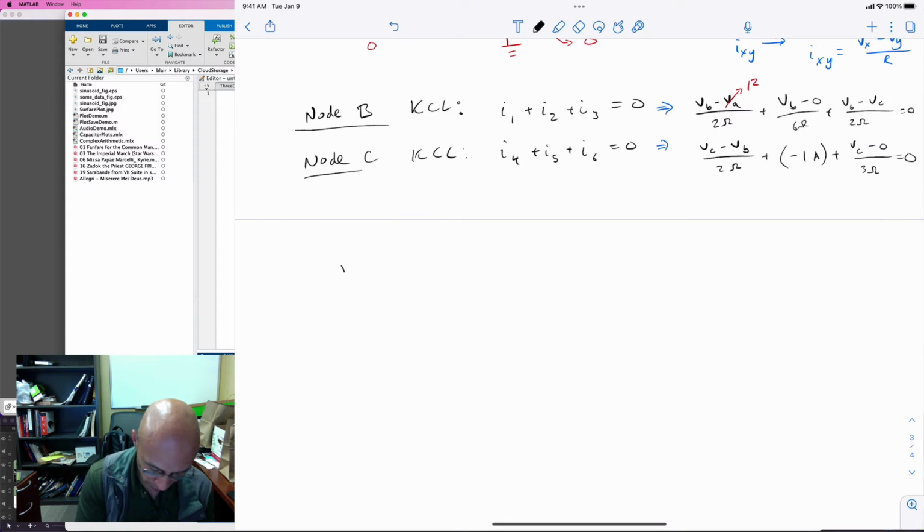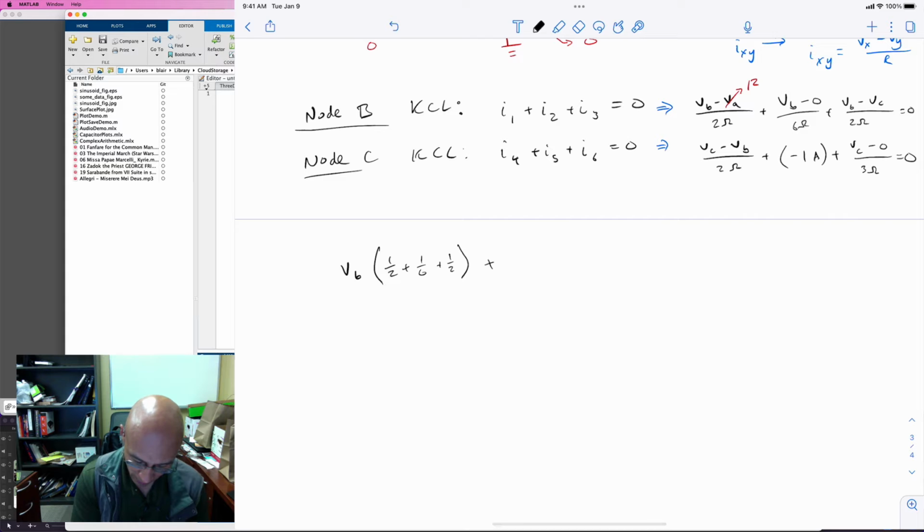So we'll write these equations out better. In the first equation for node B, VB has a factor of 1/2 from the first term, a 1/6 from the second term, and another 1/2 from the third term. And then the other unknown is VC, with a minus 1/2, and that's it.